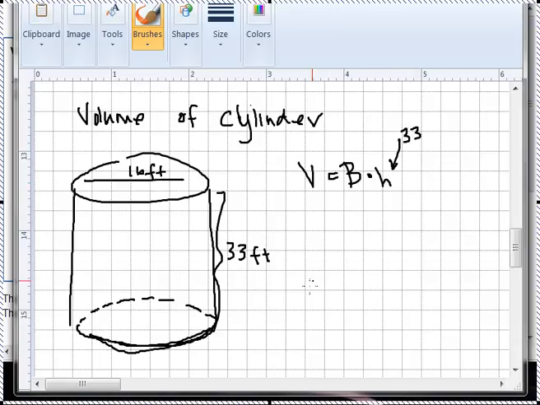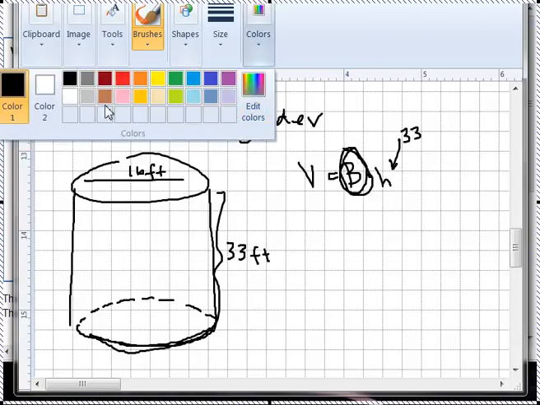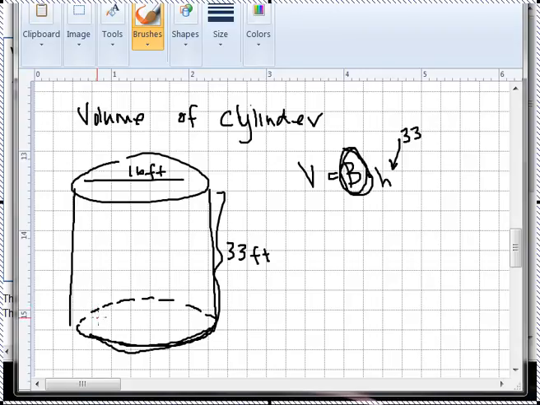Okay, good. Sky's already got the idea. Let me slow it down because I know that some of you are going a little fast for you. In order to find the base, what this really represents is the area of this bottom part, or the area of this top part.